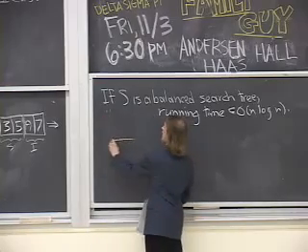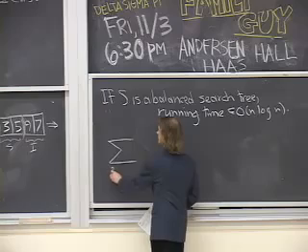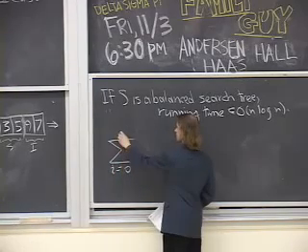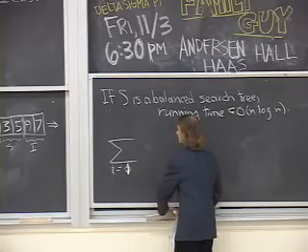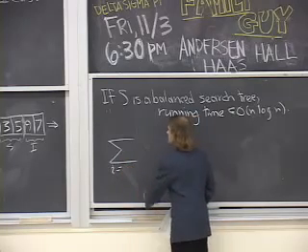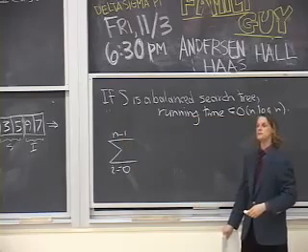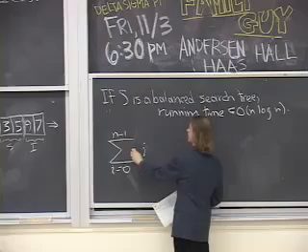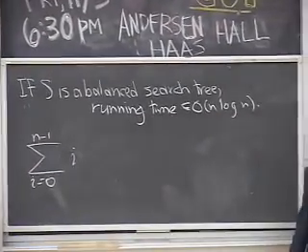The amount of time it takes is going to be proportional to the sum from 0 to n minus 1 of, well, actually, n minus i. But this comes out to be the same as this.